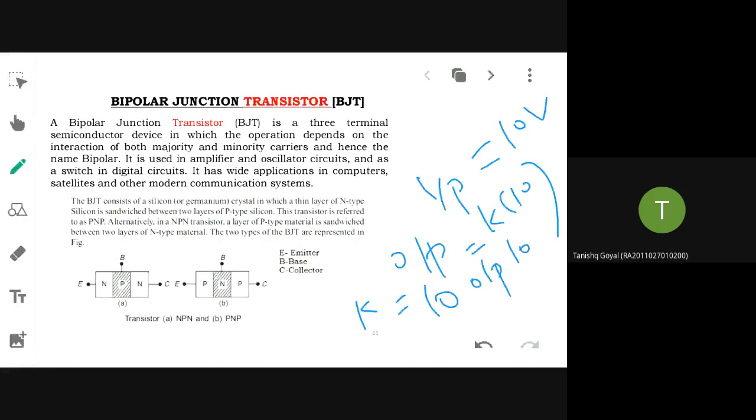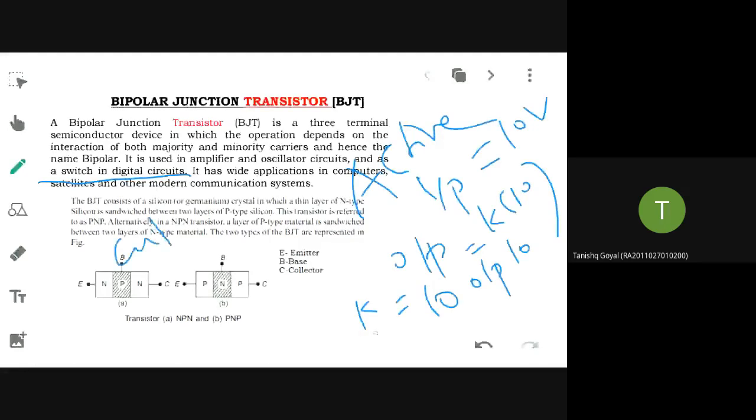So if you want the device to act like an amplifier, you have to operate the device in what region? Active region. But on the other hand, if you want the device to operate like a switch, on state or off state, then you should operate it in cutoff state and saturation.